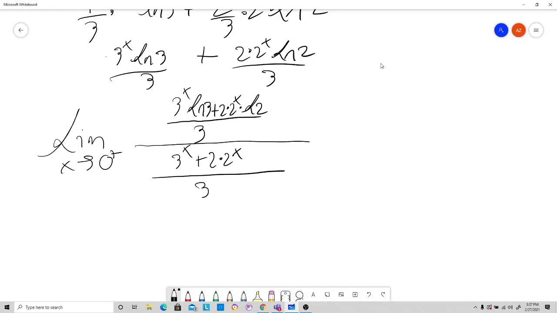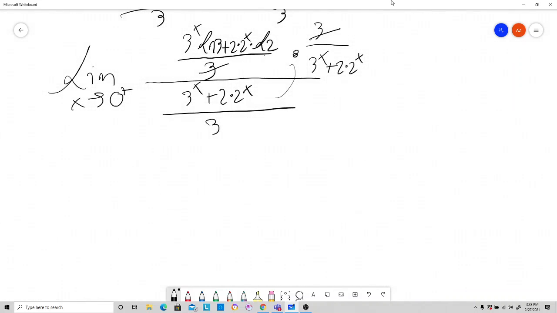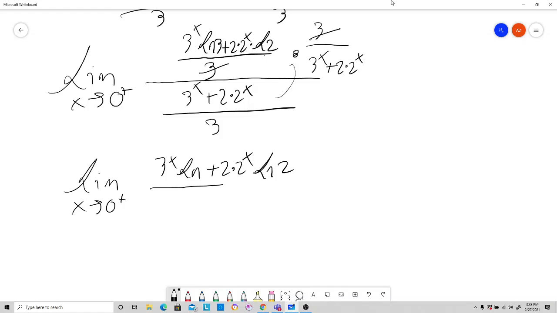So if we take the numerator and divide it by the denominator, you can see that the 3 would go up here, and then the 3^x plus 2 times 2^x, and then we can see that these two cross out, and that means we're going to be left with the limit as x approaches 0 from the right of 3^x ln of 3 plus 2 times 2^x ln of 2, all of this over 3^x plus 2 times 2^x. Okay, so now this is the most simplified we can get it.